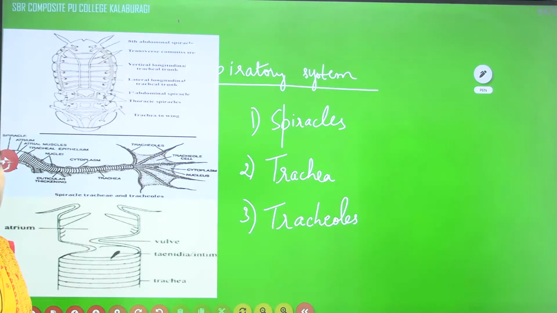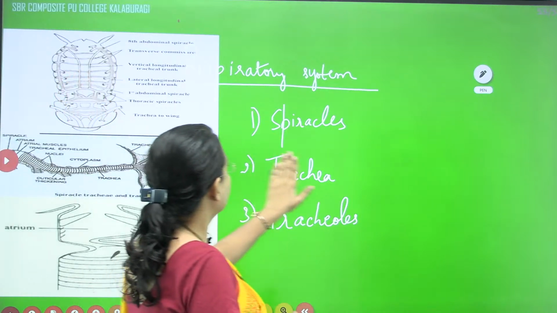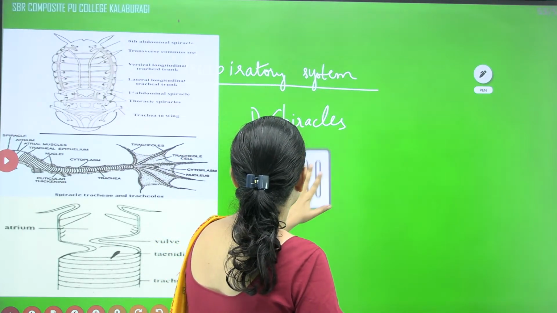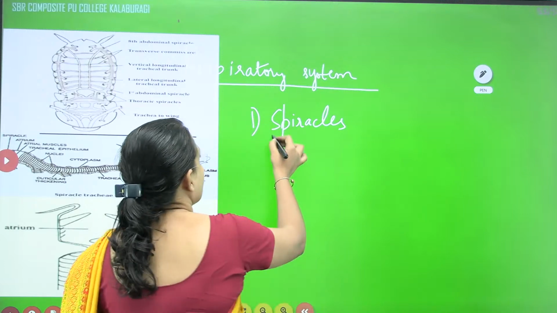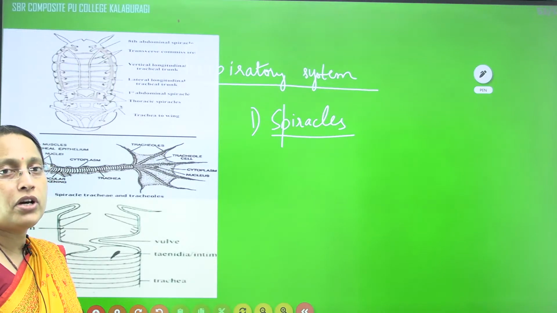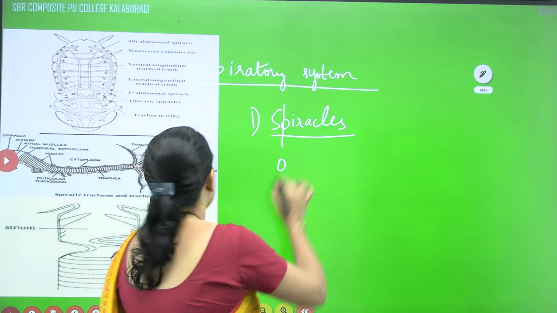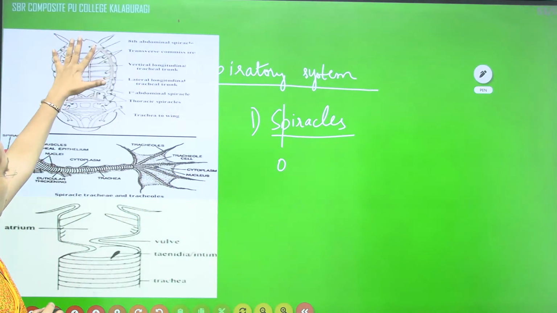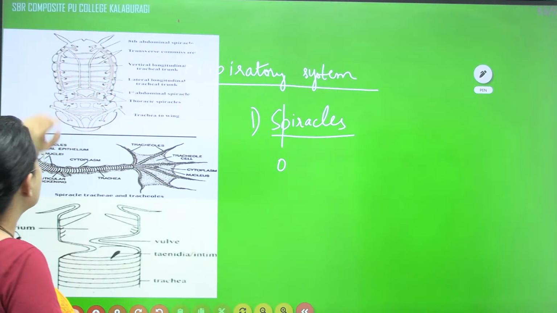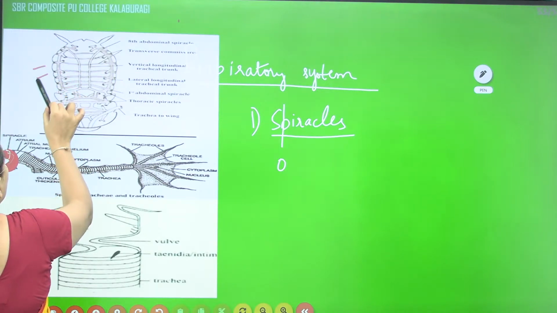So first I'll explain about the spiracles. What are the spiracles? Spiracles are the apertures or openings of the respiratory system. Here you can see the overall respiratory system of the cockroach, and spiracles open here on the lateral part of the body.